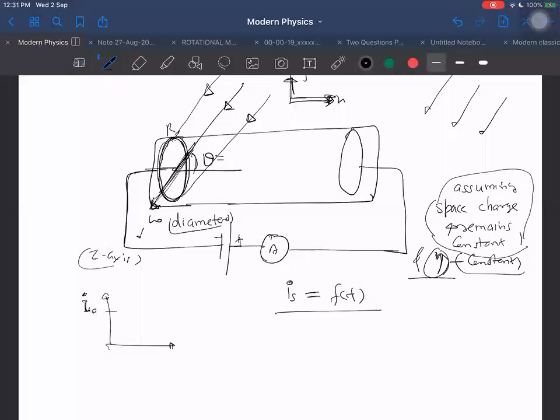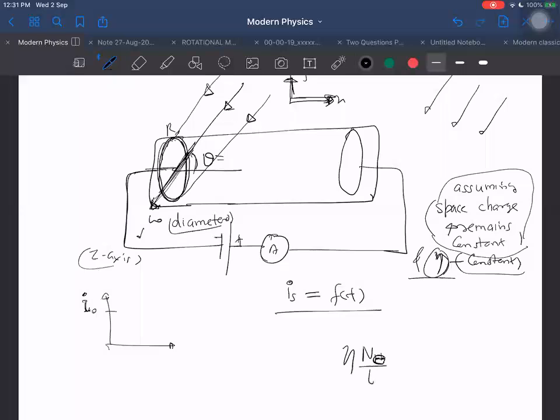Okay, let me write it down. Intensity is constant, so we know I into area. What will be the area in the plane? It will be quantum efficiency eta into number of electrons ejected per unit time.